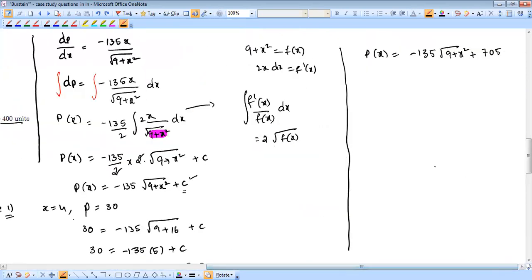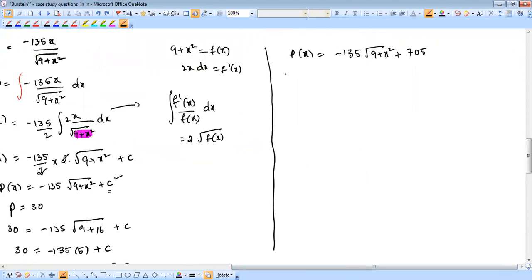Now P of x is equal to the given function. Let us take x value as 3 units. P of 3 is minus 135 into root over 9 plus 9, plus 705.